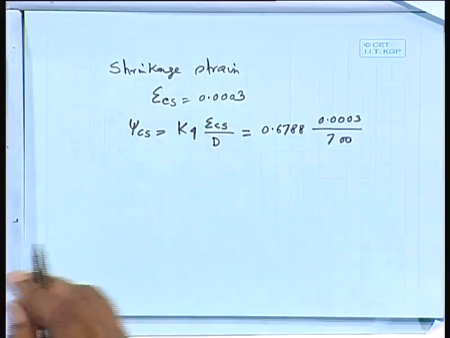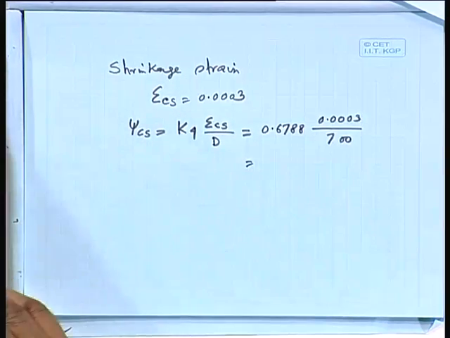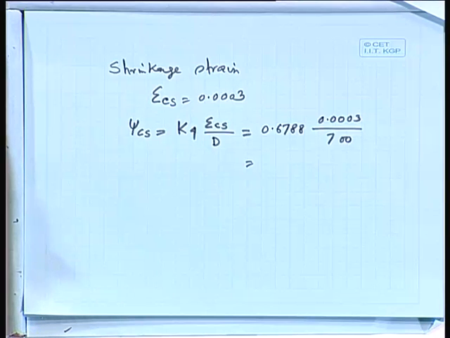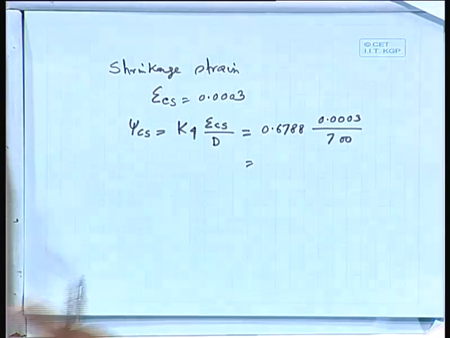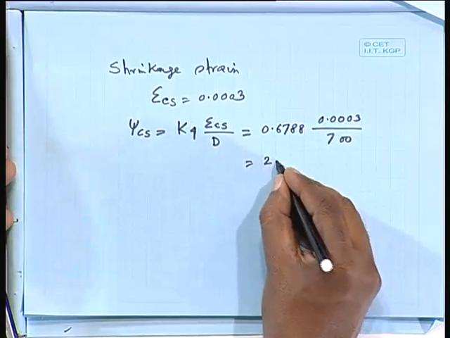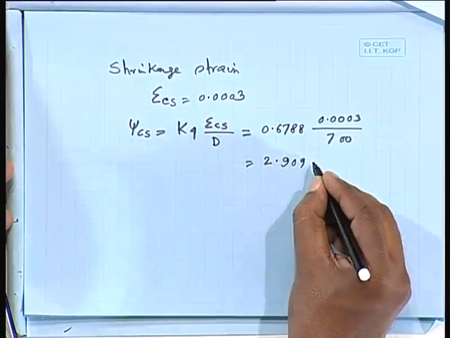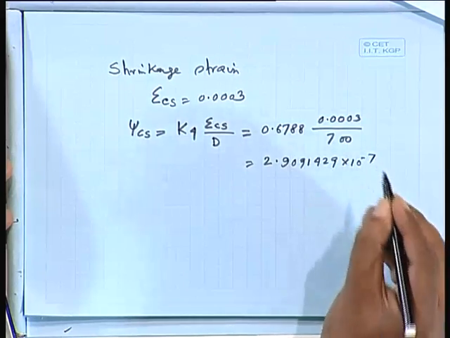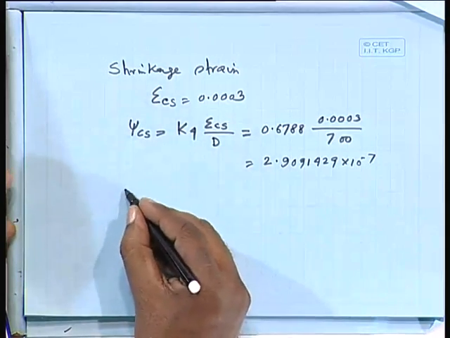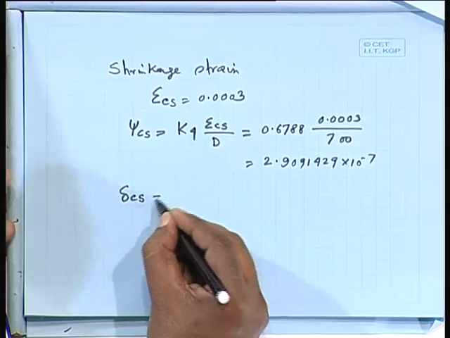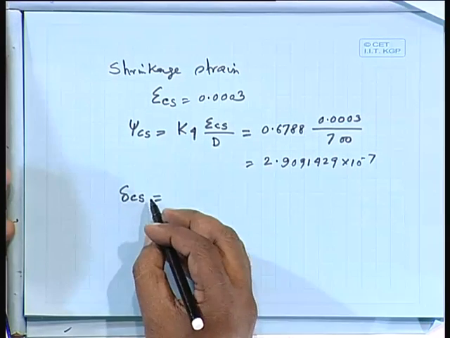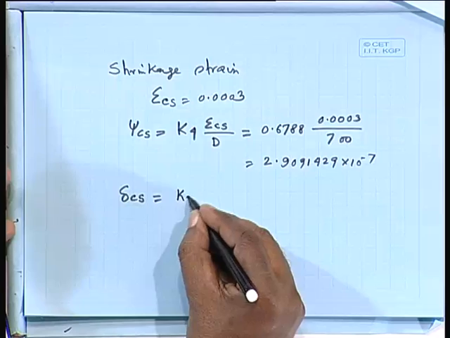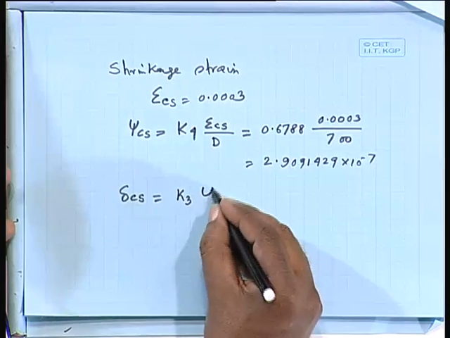Let us write down this one: 0.6788 into 0.0003 divided by 700, which comes as 2.9091429 into 10 to the power minus 7.